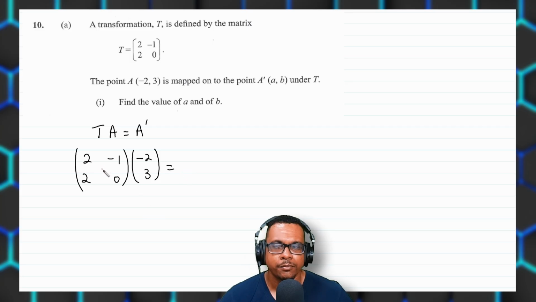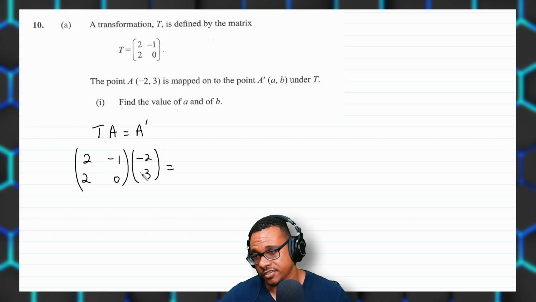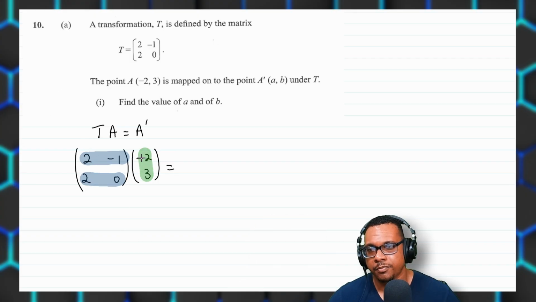Now, when multiplying matrices, we multiply rows in the first matrix by columns in the second matrix. So that'll be rows in the first matrix by the single column in the second matrix. I'm going to have 2 by -2, which is -4, plus this -1 by this 3, which is -3. Then I'm going to have this 2 down here by this -2, which is -4, plus this 0 by this 3, which is just 0.